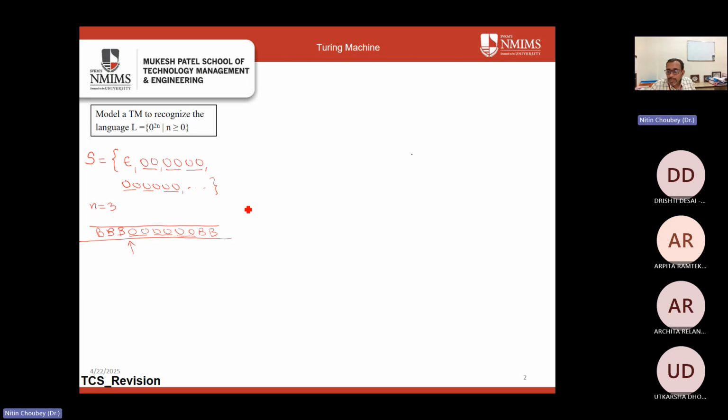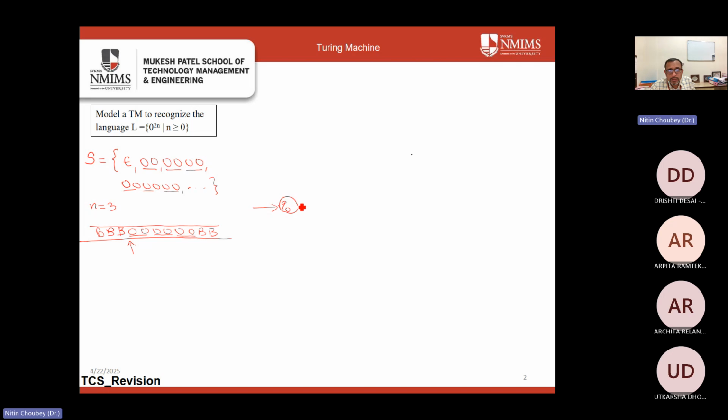So basically we need to check for pairs of zeros. Does a pair of zeros exist? If we find any zero which is not in a pair, we should declare that the string doesn't belong to the given language description. So we proceed for that. We'll simply have a loop like this.